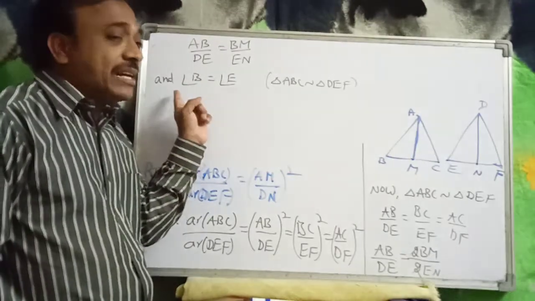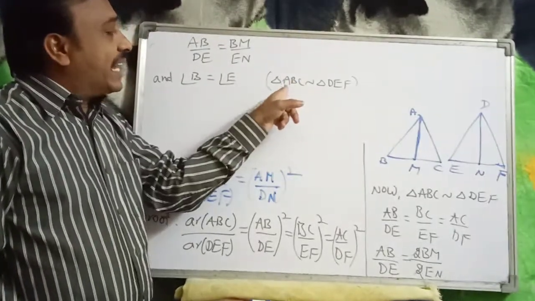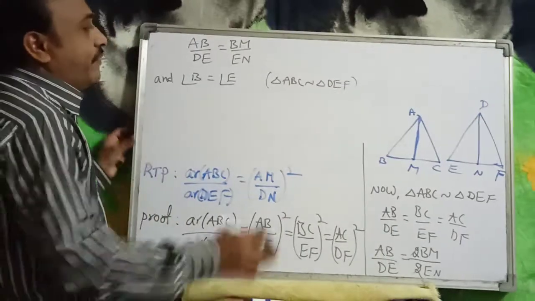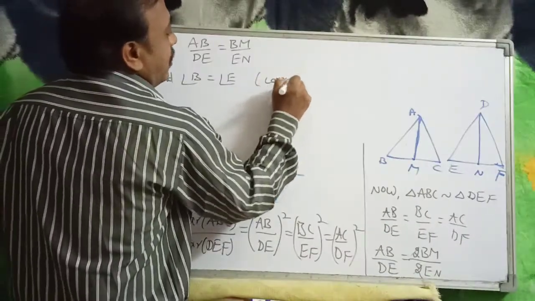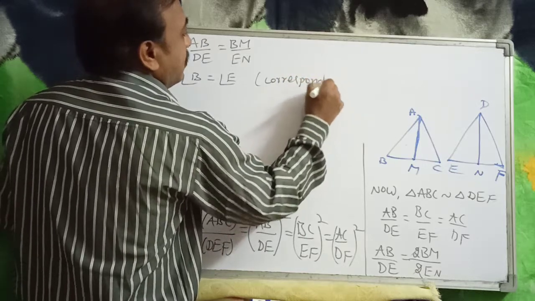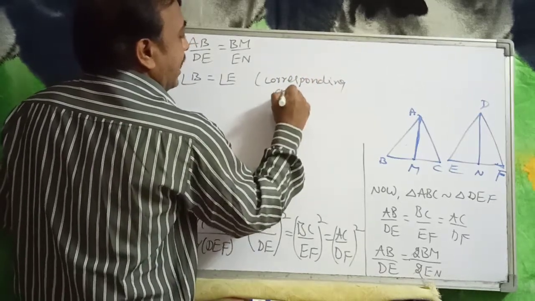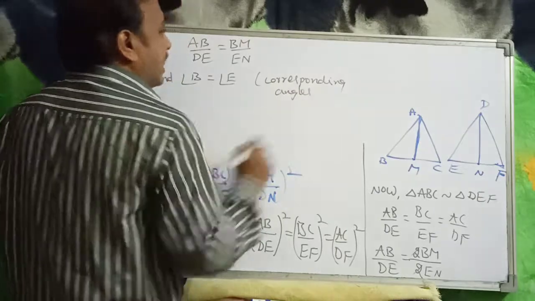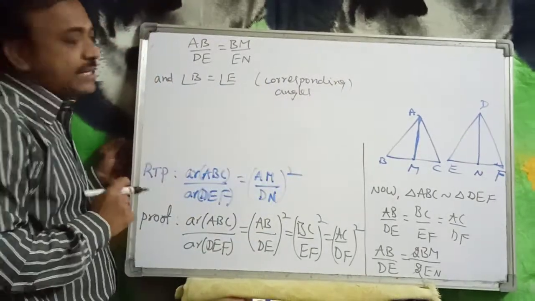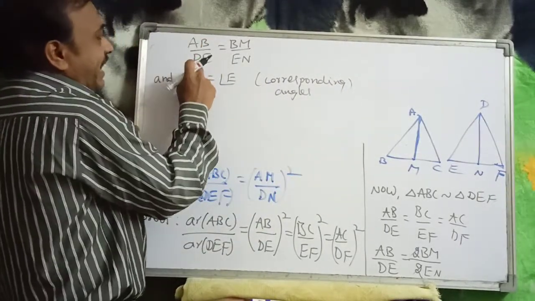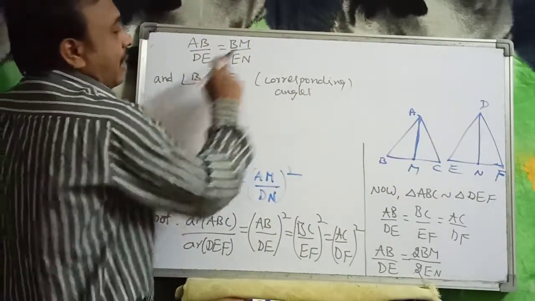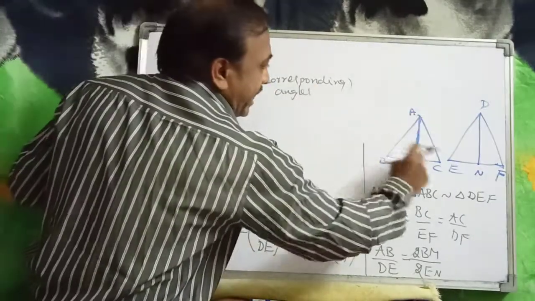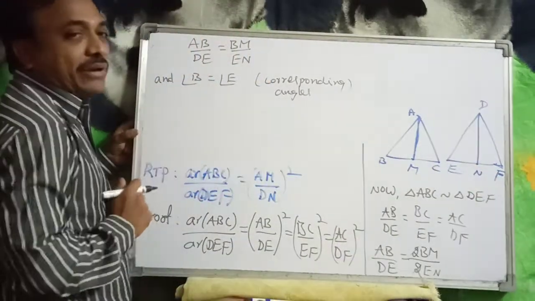The statement here: corresponding angles of similar triangles are equal. Now AB by DE is equal to BM by EN and angle B is equal to angle E.